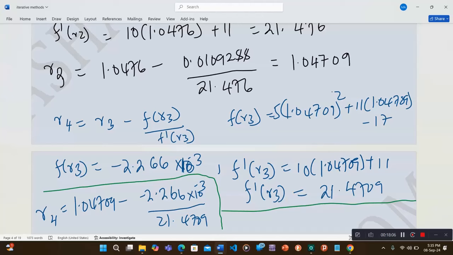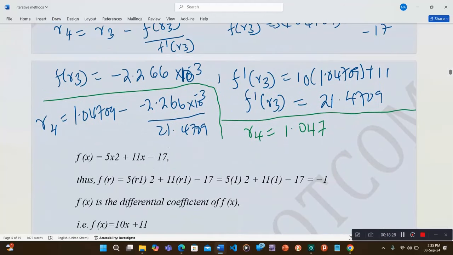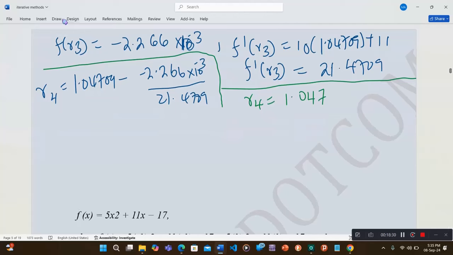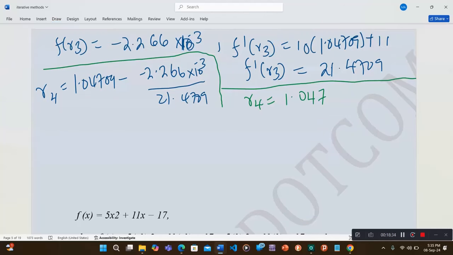So what we get still keeps rotating around 1.047. That means the root of this function is going to be rotating around 1.047.